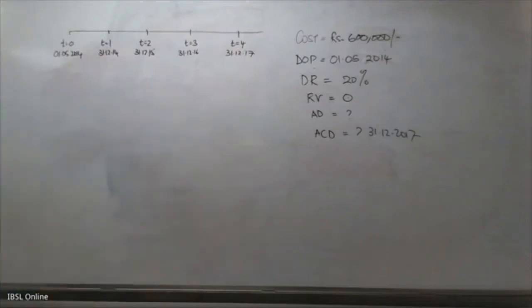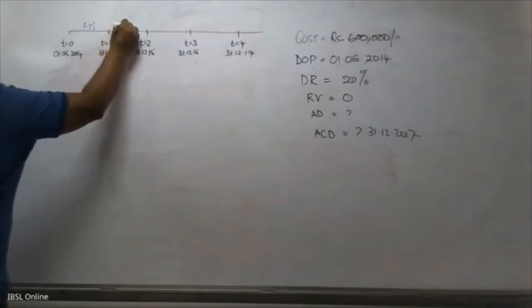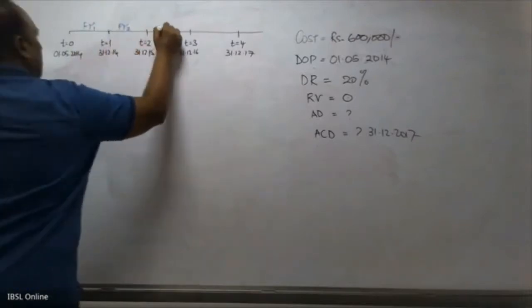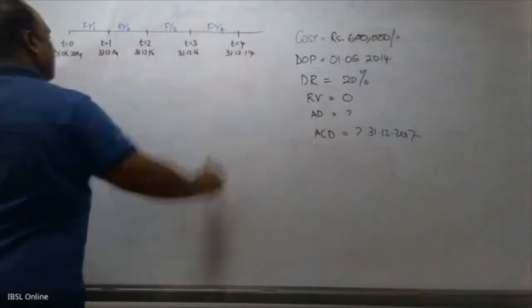So we are supposed to go up to T4, because the asset has been purchased in 2014. So we are looking at from 2014 to 2017. So we have financial year 1, financial year 2, financial year 3, financial year 4.